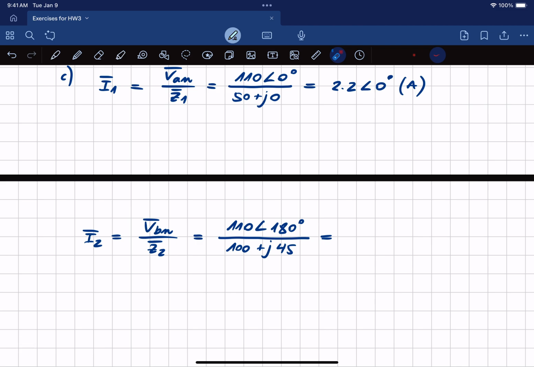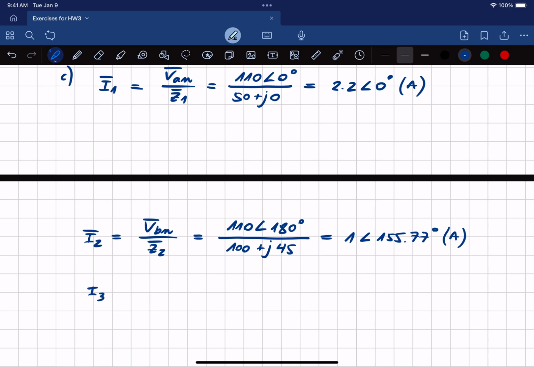So let me calculate this. This is going to be 110 angle 180 divided by 100 plus 45J. That is going to give us in polar form 1 angle 155.77 amps.